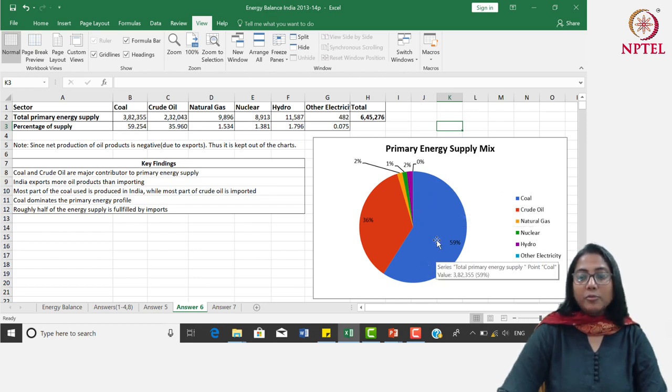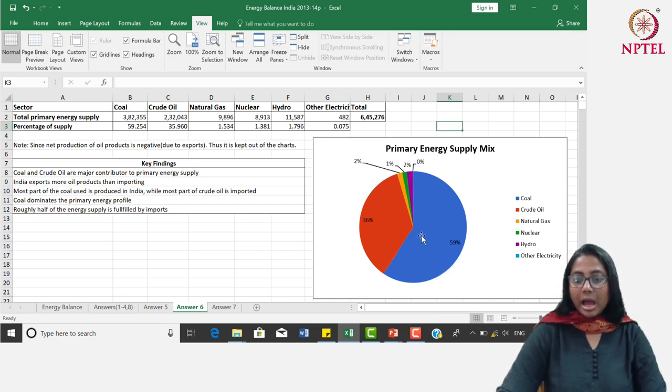Should we use coal which is domestically available, or should we shift to some other less emitting fuel which may not be domestically available, or what kind of emphasis should be there on renewables? So these are the current discourses that we are facing at this point. After coal, the next reliance is basically on crude oil.